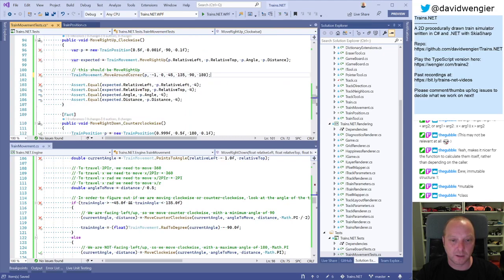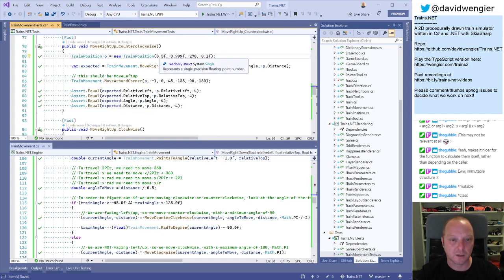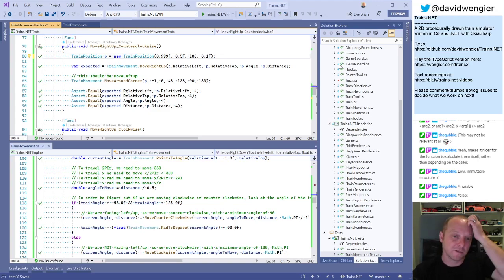Copy that, paste that, and clockwise for right up. Oh, hang on, right up. Wait a minute. Counterclockwise, right up. Whoops, that's wrong. That's 180. That's 90. And that's 0.5. Funny that it's still green.